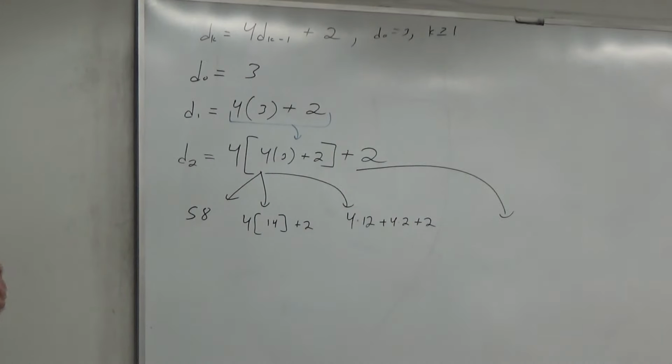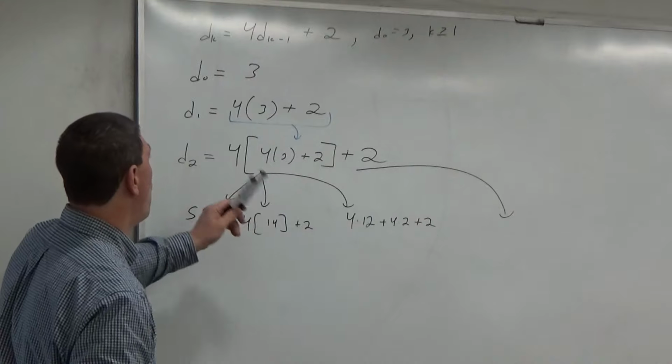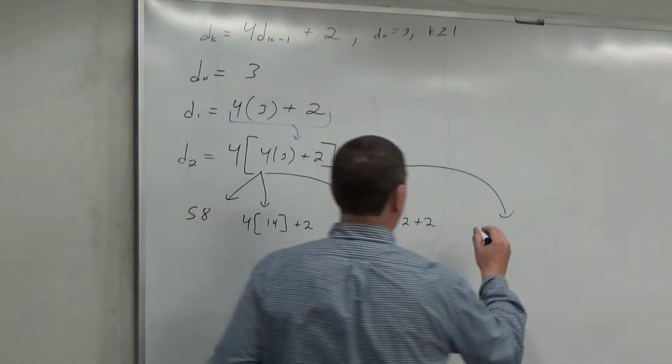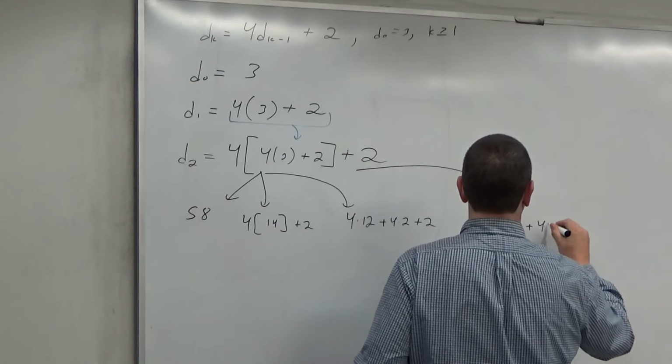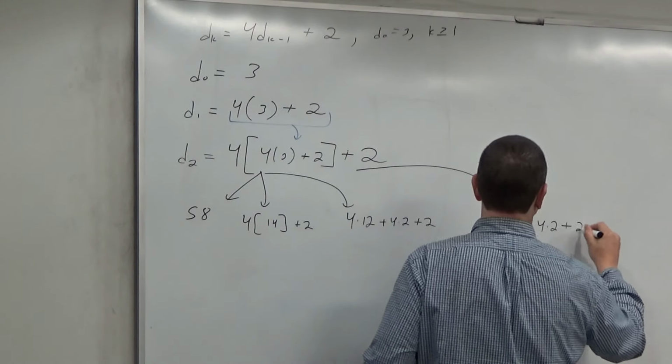All I'm doing is showing you different ways to write this. Another way I could write this is 4 times 4, or 4 squared, times 3, plus 4 times 2, plus 2.